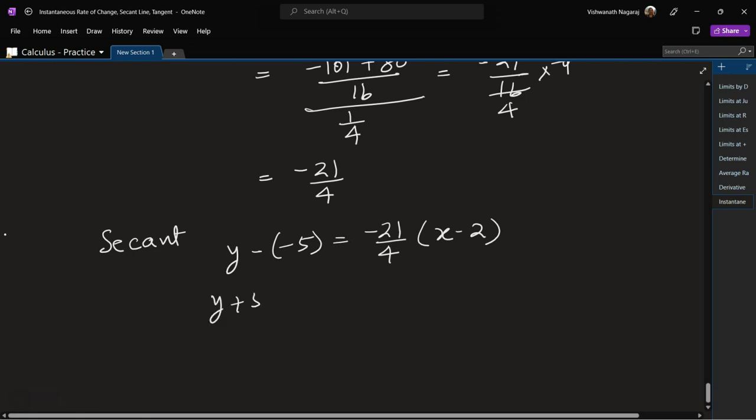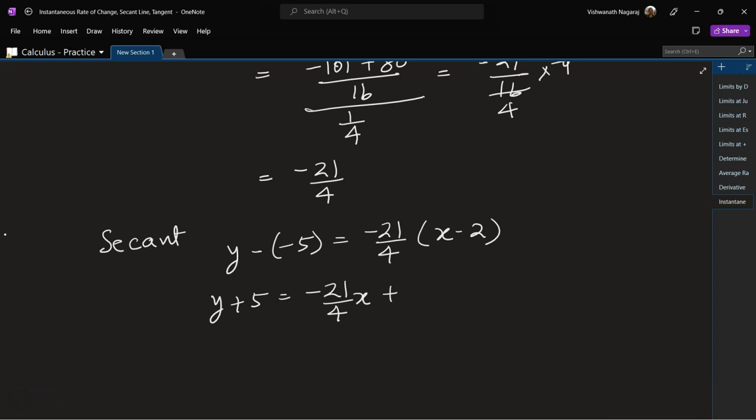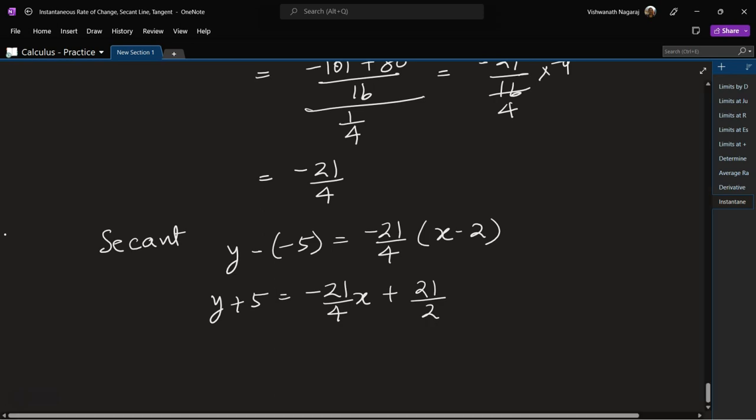So y plus 5 is equal to minus 21 by 4x plus 2 twos, so these two cancel and it becomes 21 by 2.